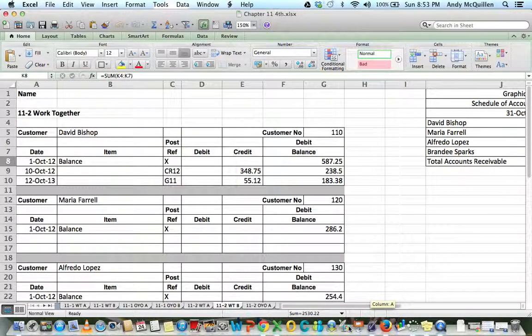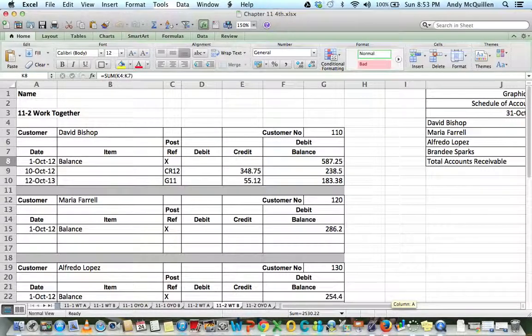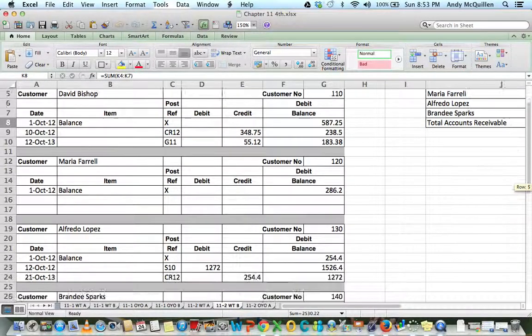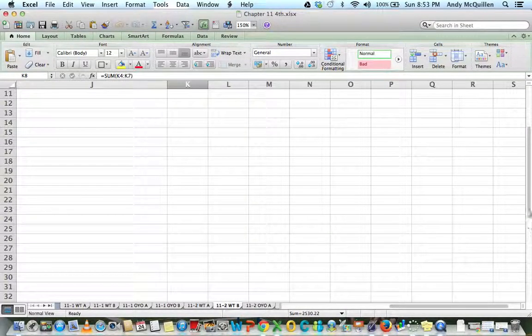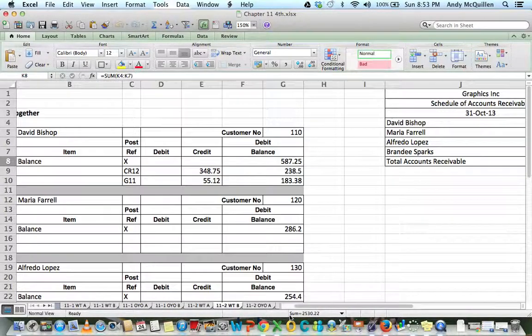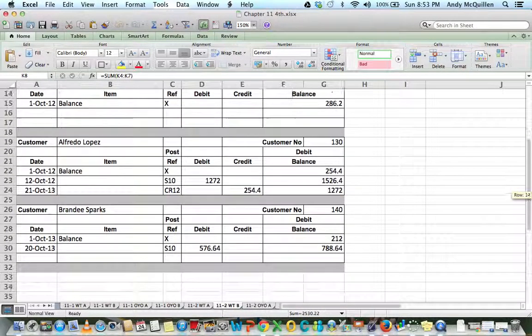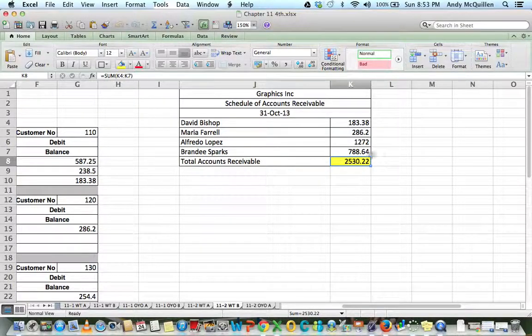Maria Farrell, balance 286.2. Alfredo Lopez, 1272 is the last balance we have there for Alfredo. And Brandy Sparks is 788.64. And we add those up, 2530.20.